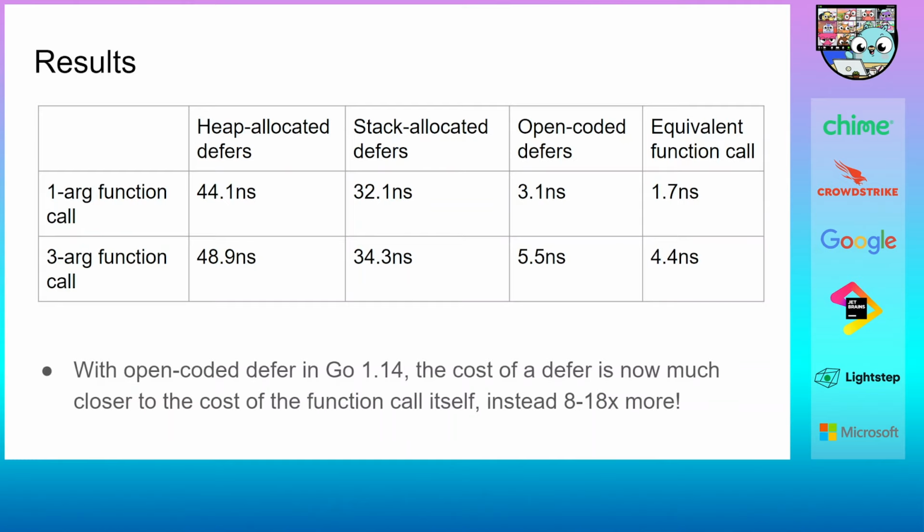So now, for a one-argument function, the cost for deferring the function went from 44 nanoseconds in Go 1.12 to 32 nanoseconds in Go 1.13 to just 3 nanoseconds for open-coded defers. And that's including the cost of actually doing just the function call, which was 1.7 nanoseconds. So the overhead of the open-coded defer is now much closer to the cost of making the empty function call, instead of being 8 to 18 times higher.